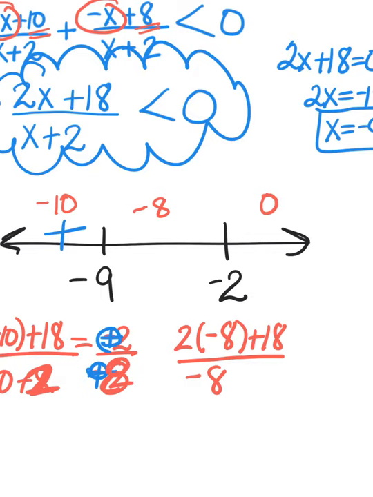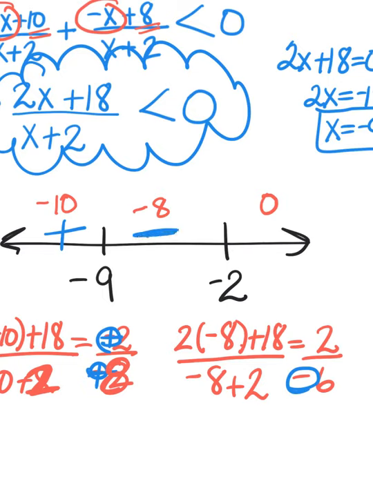So anyways, that's what I did wrong, but it's still a positive output, right? I wrote the problem wrong. On the second denominator, it's negative 8 plus 2. So that's going to be 2 times negative 8 is negative 16 plus 18 is 2. Negative 8 plus 2 is negative 6. I have one negative, so my output is negative for this interval.